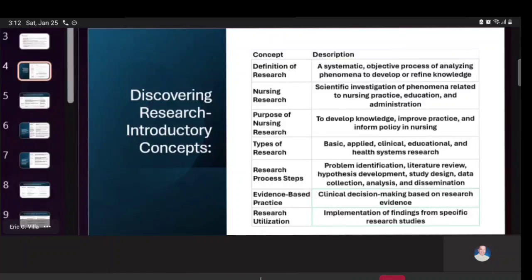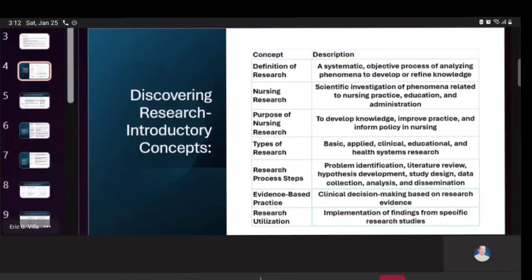As we understand this process, it is very crucial for us students, as it will provide us a roadmap for conducting research and critically evaluating existing studies.